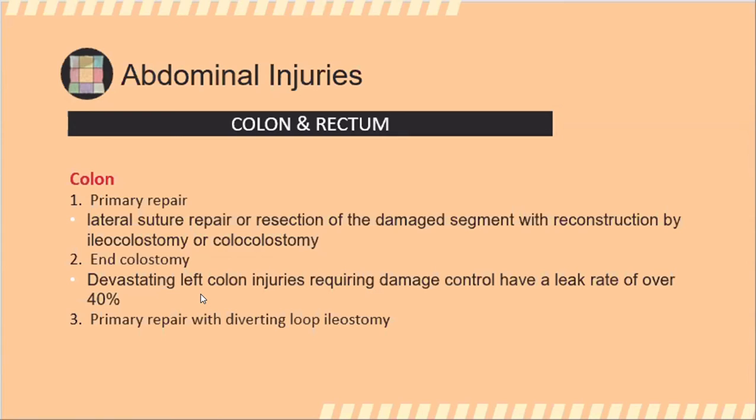So for grades 1 and 2, pwede primary repair lang. So suture lang, a 2-layer repair, Connell and Lembert. So you can read on that. Basta 2-layer repair lang. Pag grades 3 or 4, pag extensive injury, we don't do primary repair of the colon. We resect and anastomose the colonic segment.